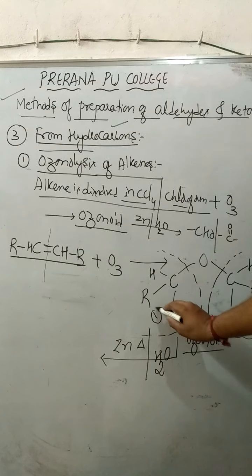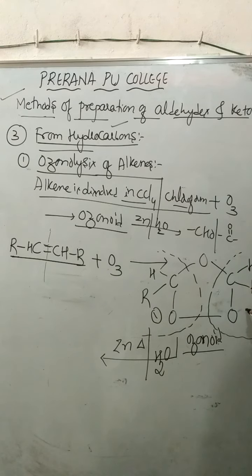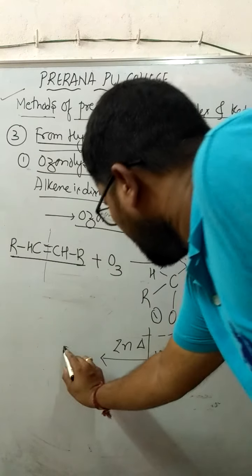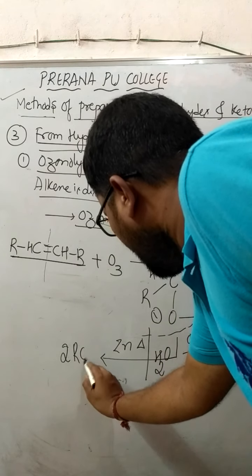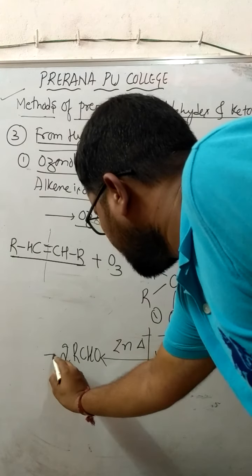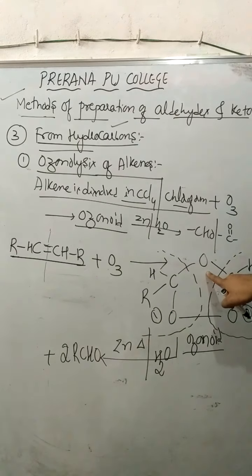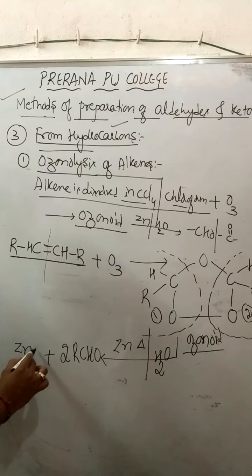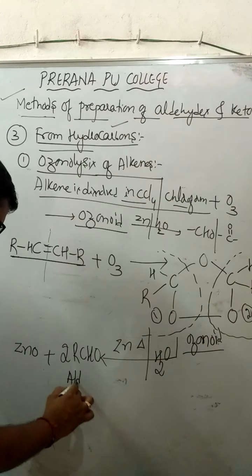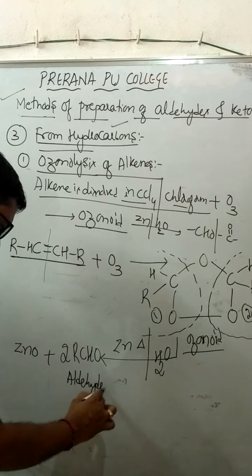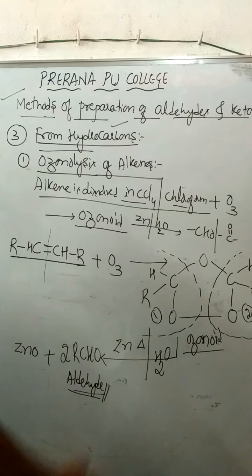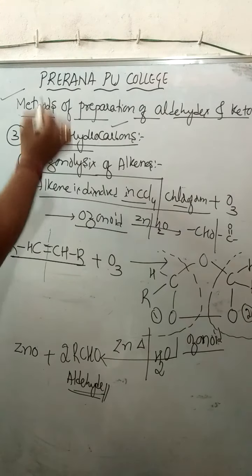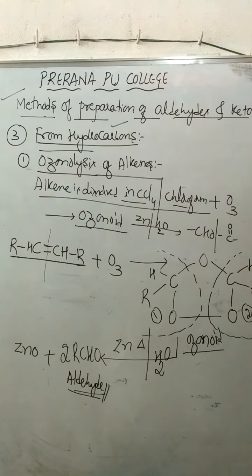This is one RCHO, this is another RCHO. Hence, we get two molecules of an aldehyde. Now a question arises: it is left with one more oxygen. This oxygen is taken away by what? Zinc metal, to form ZnO as a byproduct. And this is the method by which we can tell that aldehydes can be prepared by ozonolysis of alkenes.